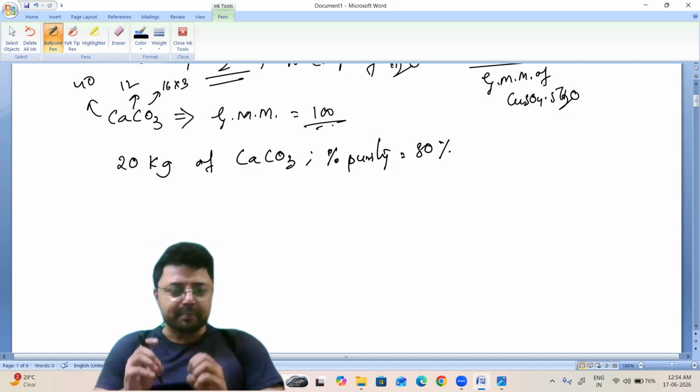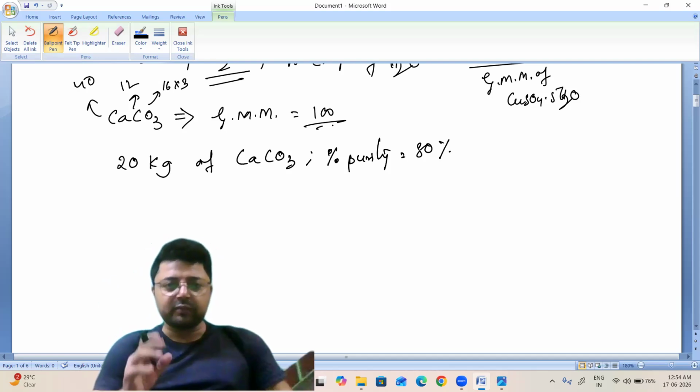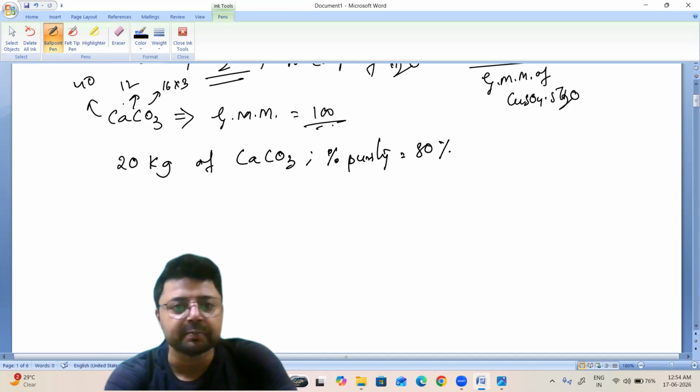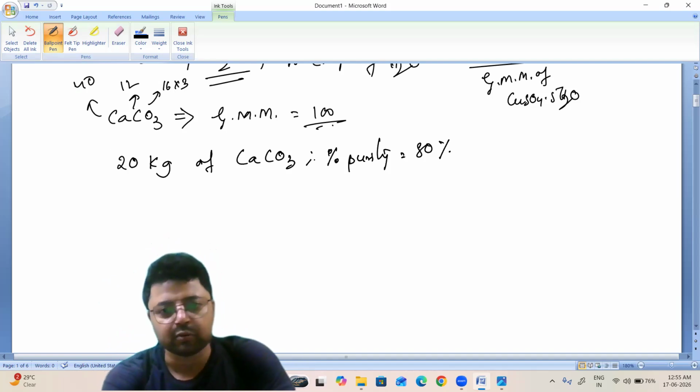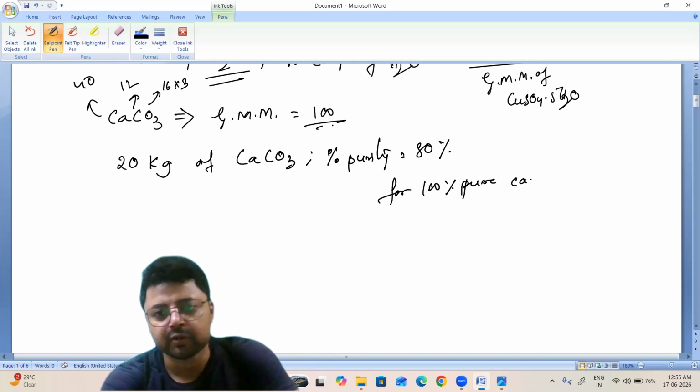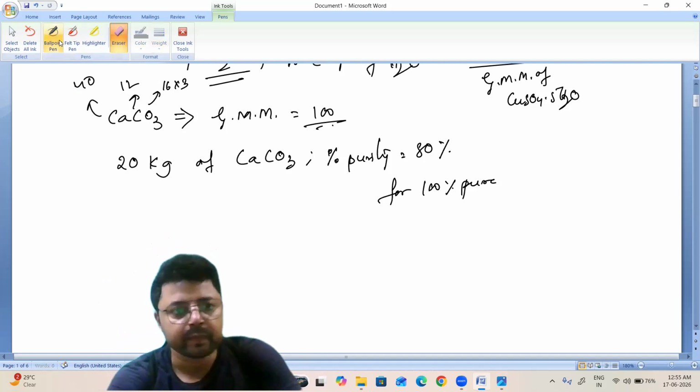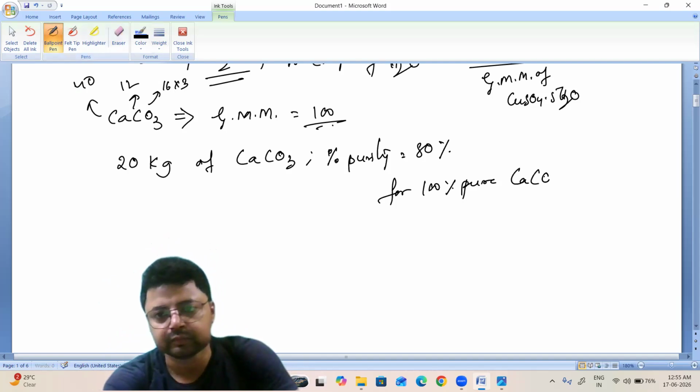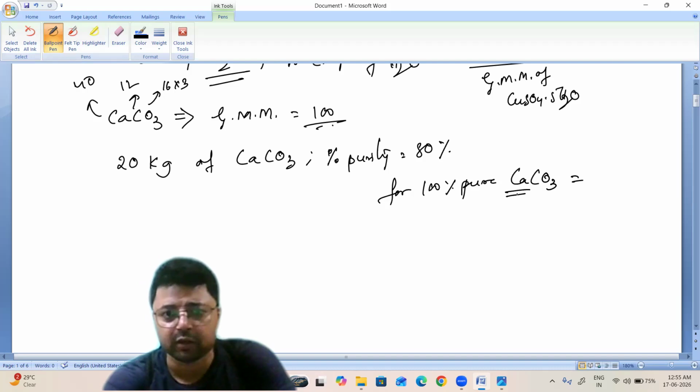So this is a very simple thing to understand. Now, if you take 100% pure calcium carbonate, CaCO3, suppose 100, you are taking only the molecular weight.